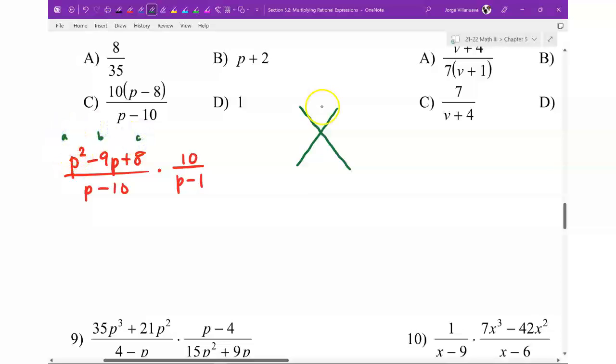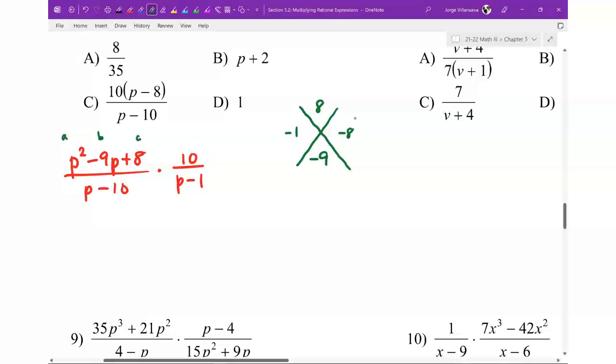A times c is 8. And b is negative 9. Two numbers that multiply to 8 that give me a negative 9 would be a negative 1 and a negative 8. Those two numbers multiply to a positive 8 and they add up to a negative 9. Do I have to divide by anything?